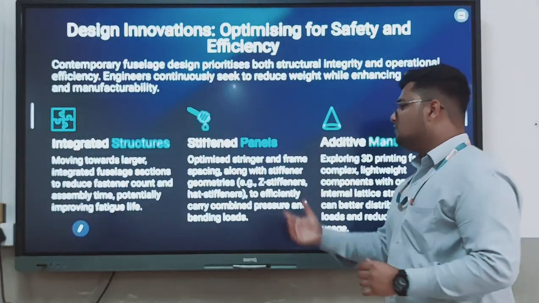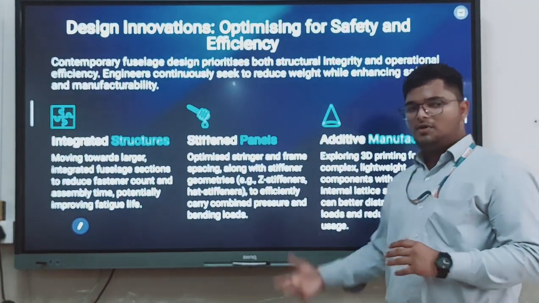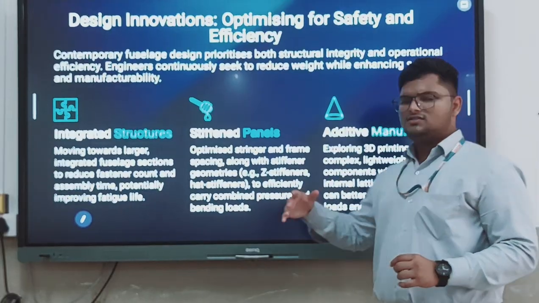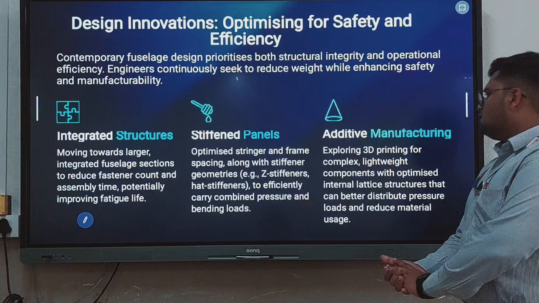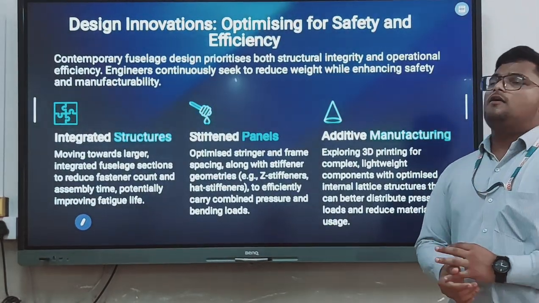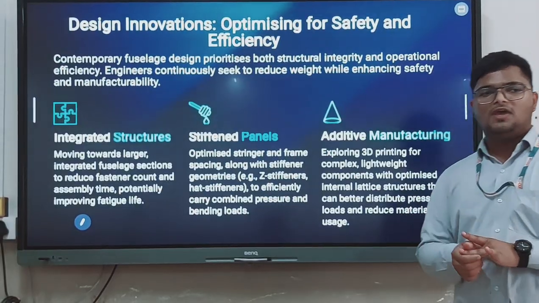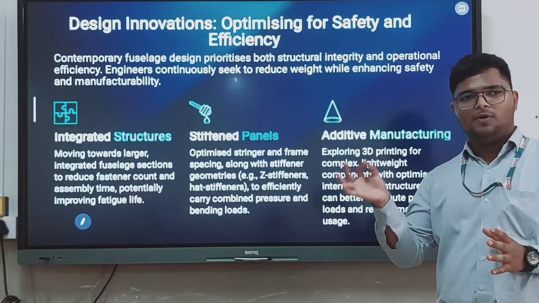Then we have different panels. They optimize stringer, joint, and frame spacing along with stiffener geometries, for example Z stiffeners or hat stiffeners. This can efficiently carry the loads. Then we have additive manufacturing, that is 3D printing. Nowadays 3D printing is widely used to make parts because it is made from scratch and it is a single part.